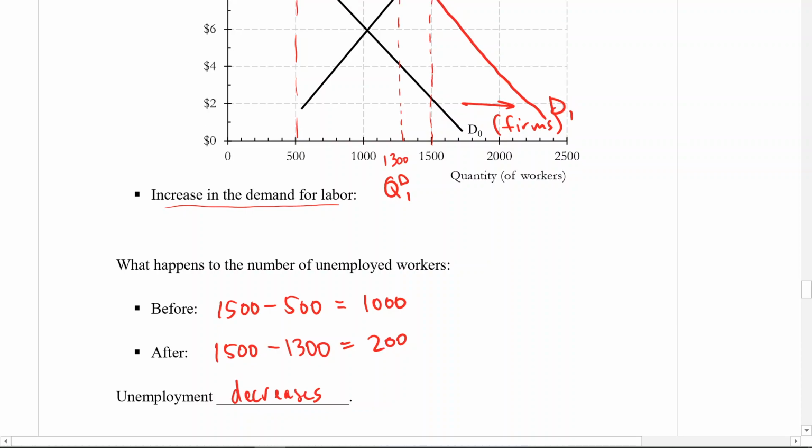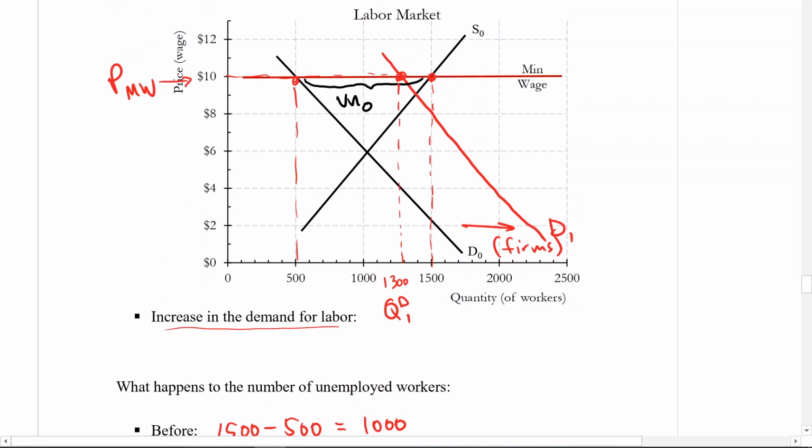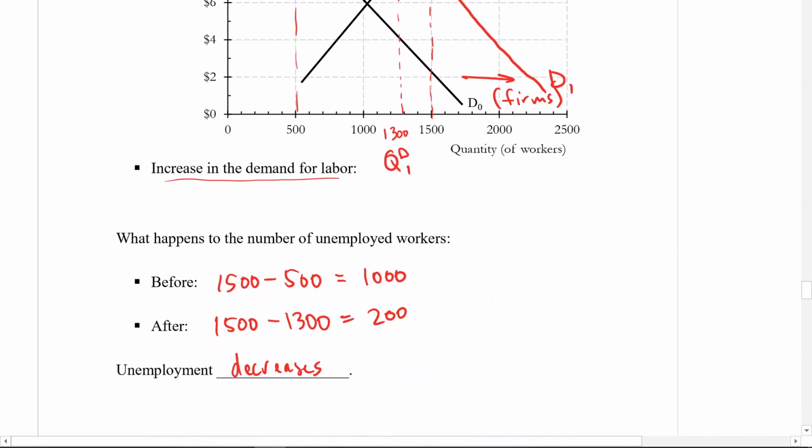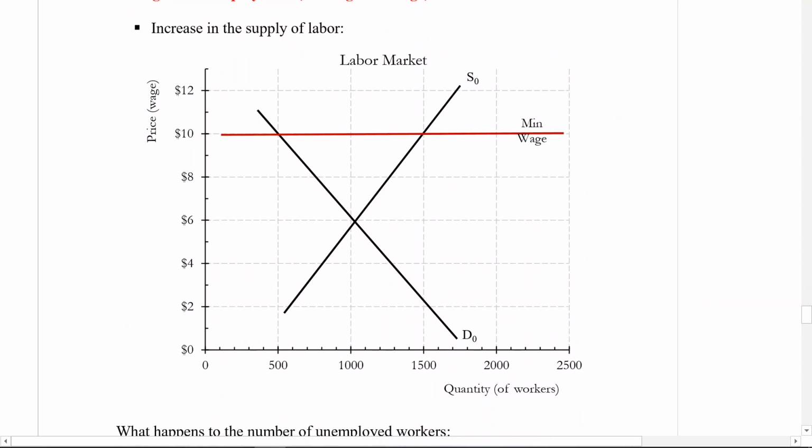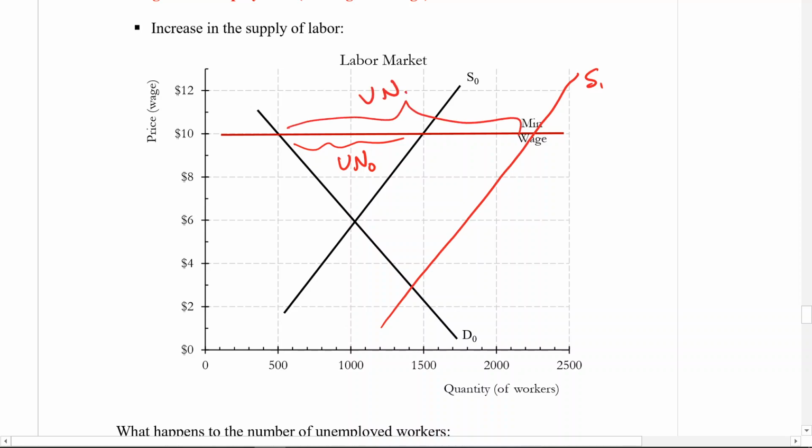Okay, so that's this analysis with minimum wage, but still doing some market dynamics, changing supply and demand. Now, an increase in the supply of labor. Again, a little different. We start with this initial unemployment 0. We increase the supply, S1, and we have a new, much larger unemployment, unemployment 1.